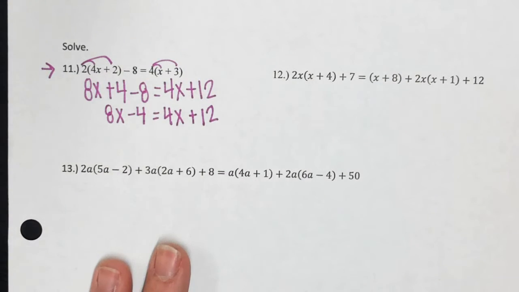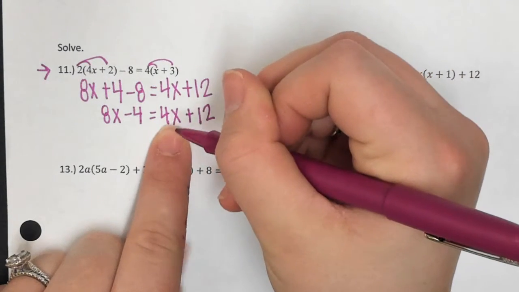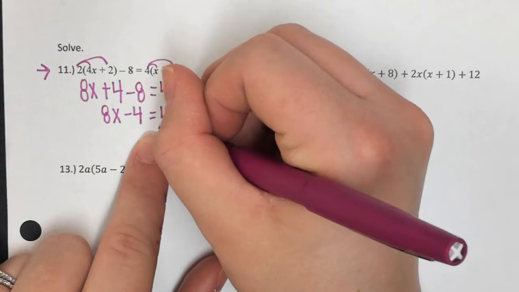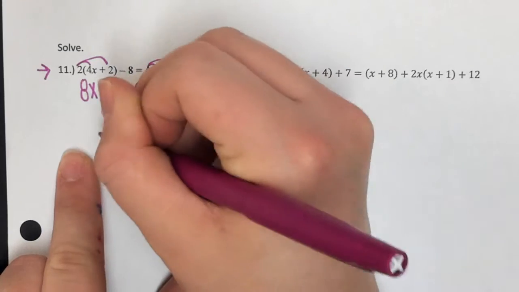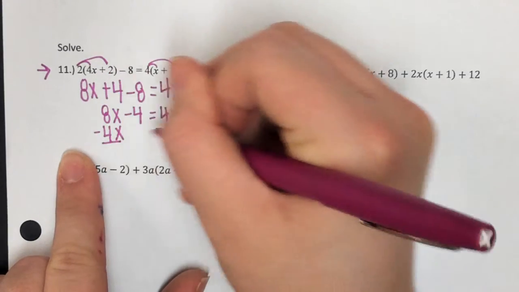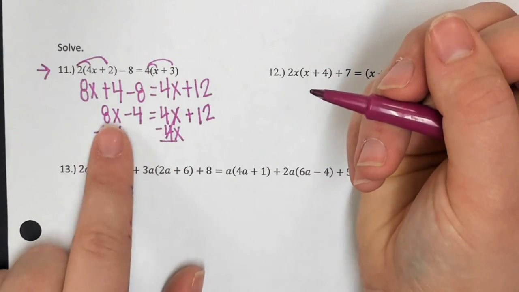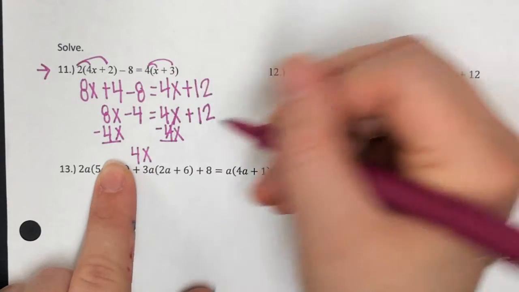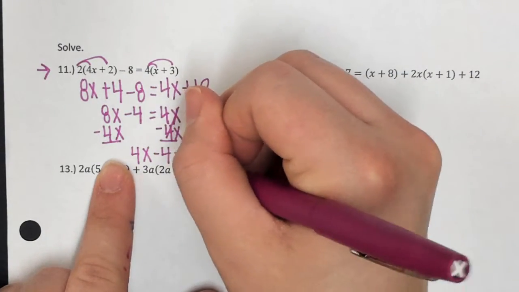Remember, when you're solving equations and you have to cross the equal sign, you have to do the opposite. So if I'm going to take 4x to the other side to combine it, right now it's a positive, so when I move it, it becomes negative. 8 minus 4 is 4. Bring everything else down.